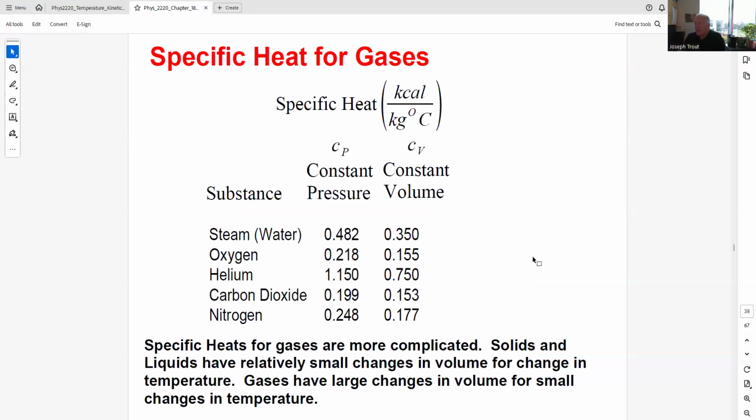We also have specific heat for gases, and we've talked about this. We have specific heat at a constant pressure and specific heat at a constant volume, and these are for some different gases: steam, oxygen, helium, carbon, and nitrogen.